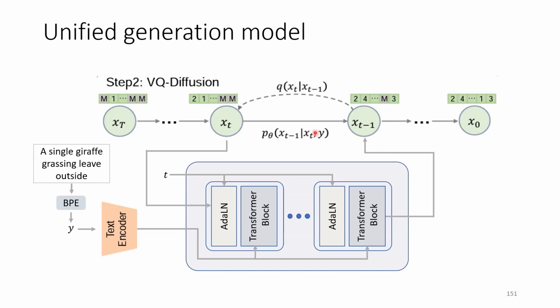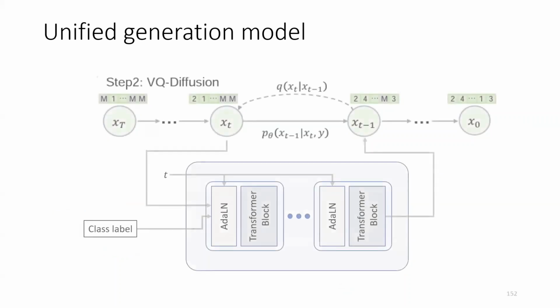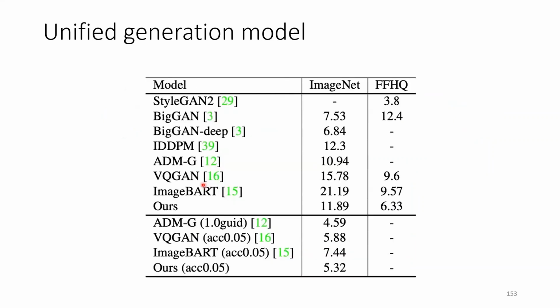They removed the text encoder network that we're seeing here and the cross attention, and replaced it with a class label that is directly injected into the adaptive LN operators. And they looked at the results. The results show that even though this model is not specifically designed for class label conditioned image generation, it is able to beat some of the previous works that are specifically designed for this task.